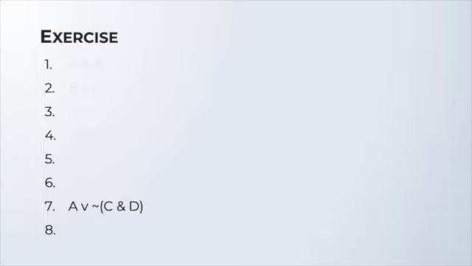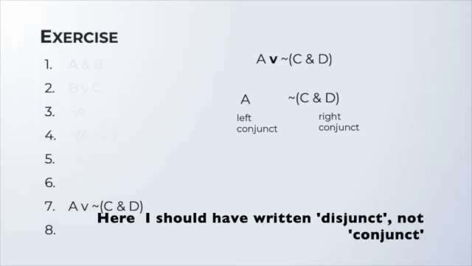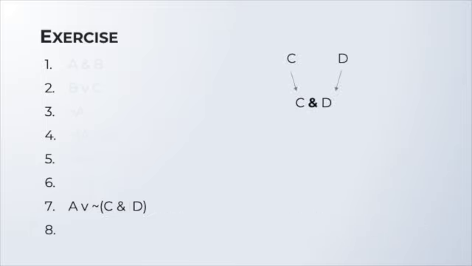The left disjunct is A, which is an atomic sentence. However, its right disjunct is itself a compound sentence, which happens to be a negation, in particular the negation of a conjunction. So the steps for building it are: join C and D with the ampersand to form C ampersand D. Apply a tilde to the whole of C ampersand D. Don't forget the parentheses, so that the negation applies to the whole sentence and not just to the left conjunct.